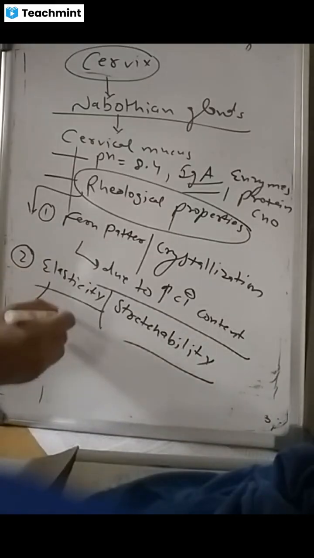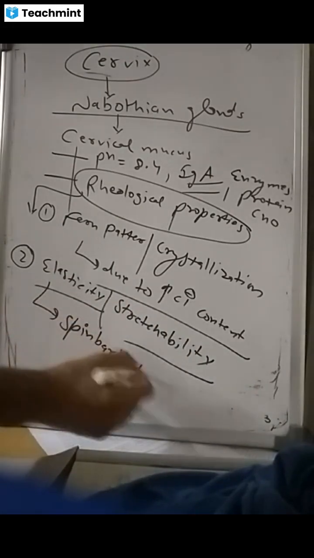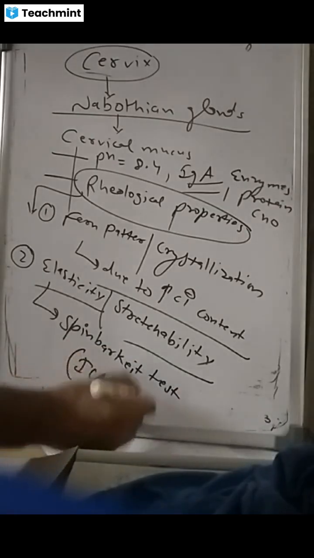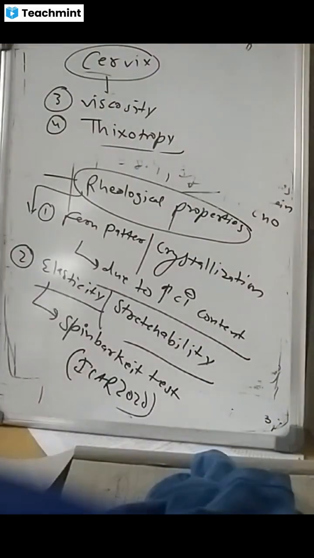It is detected by a test called the spinnbarkeit test, and this was asked in ICAR 2020. Elasticity or stretchability of mucus is measured by the spinnbarkeit test. Third property is viscosity. Fourth is thixotropy. These are some of the properties of the cervical mucus.